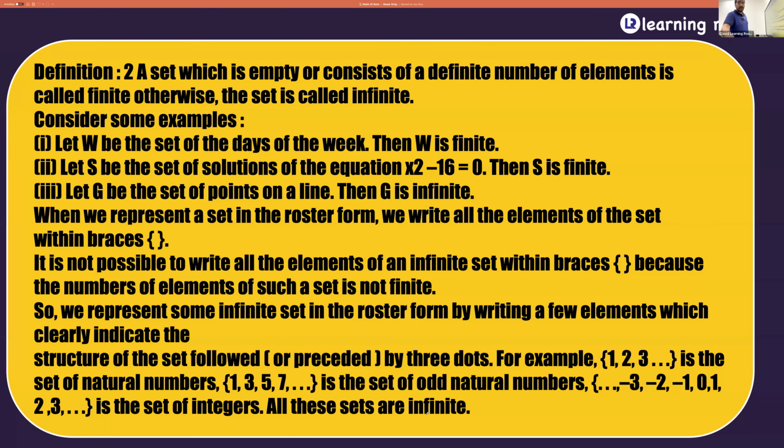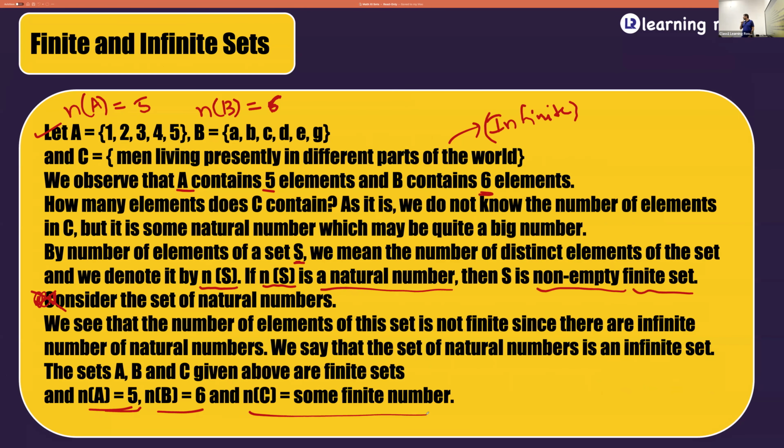I'm sorry, actually, we made a mistake. Set C is a finite set. Why? Because it will be some natural number which we don't know at this point of time, but it will definitely be some finite number. It's not infinite.